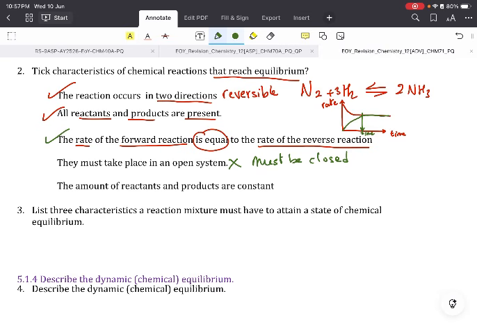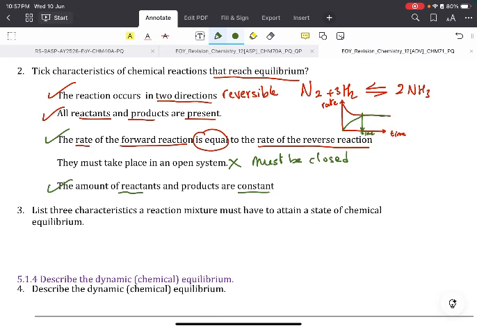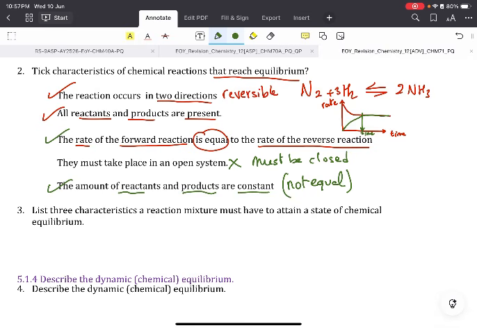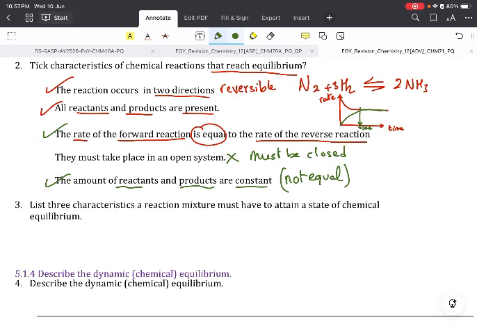The fourth point, the amount of reactants and products must be constant. An equilibrium is reached when the quantity of reactants and products become constant, not equal. Do not get confused with this one.